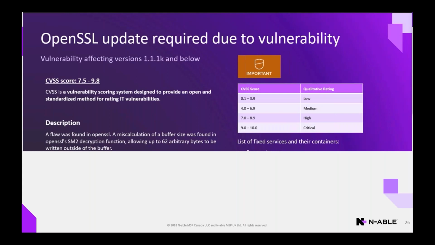It did allow a bad actor to come in potentially and get access to around 62 arbitrary or random bytes of a buffer based on crashing the OpenSSL library. There's been a handful of OpenSSL vulnerabilities that have been announced over the last few months, or I guess even the last few years. We've been pretty good about getting those updated in a timely manner. So continue to watch that one.